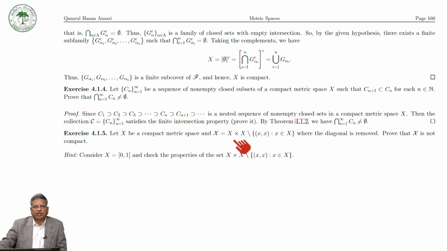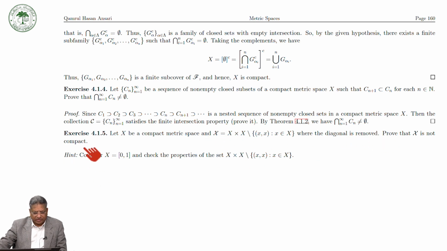You take X cross X and you remove the diagonal elements, so we are removing the diagonal element. Then prove that chi X is not compact.